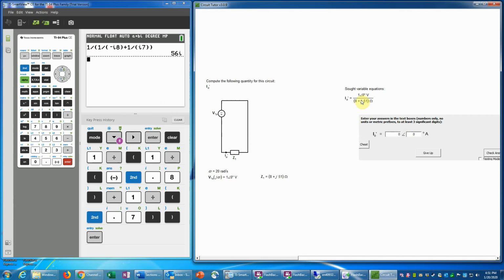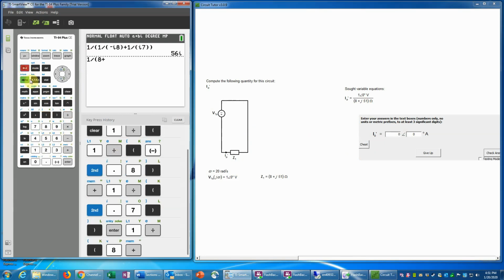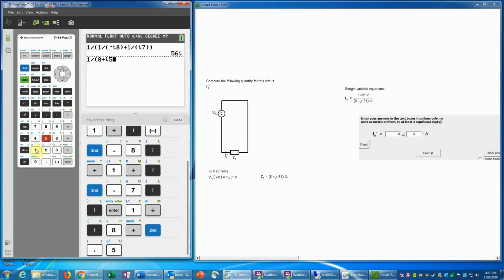And so basically now I need to compute 1 divided by the value Z1. So that will be a parenthesis. And that is 8 plus j51, which of course I enter as J51 here.